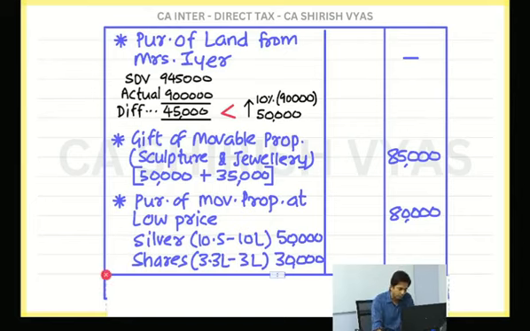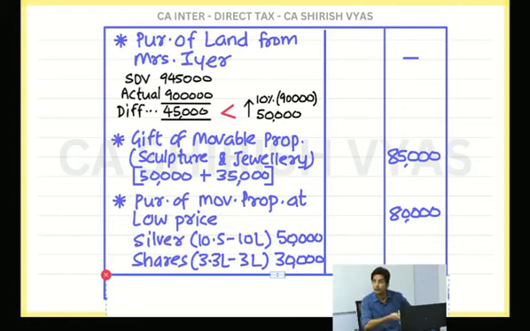What is the total? See, in class you should have the habit of doing things fast, totaling, writing. Because most of the students suffer from not being able to complete the 100 marks paper.